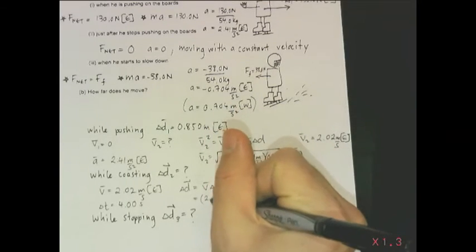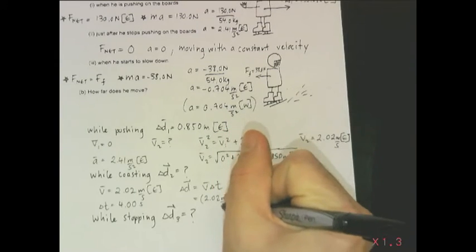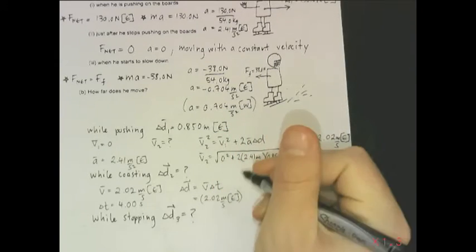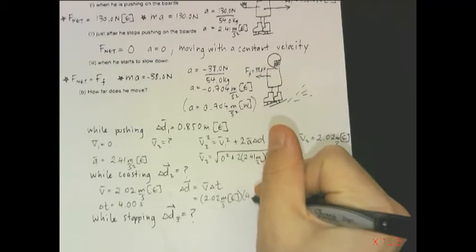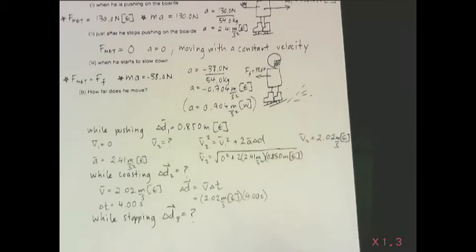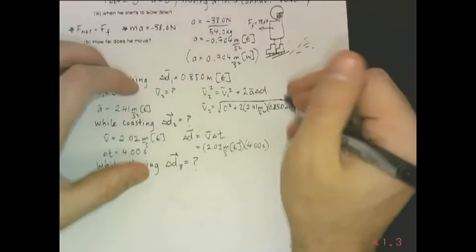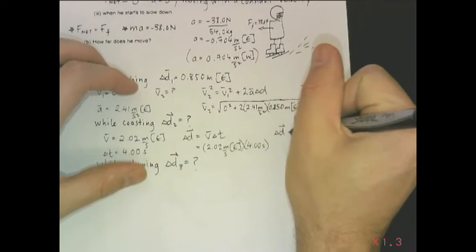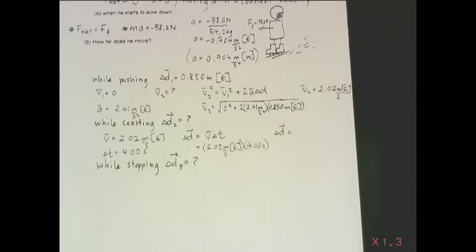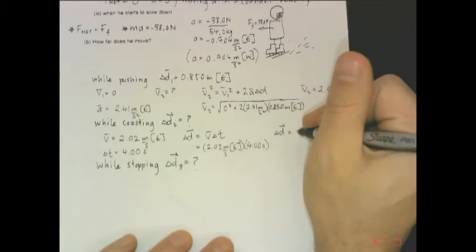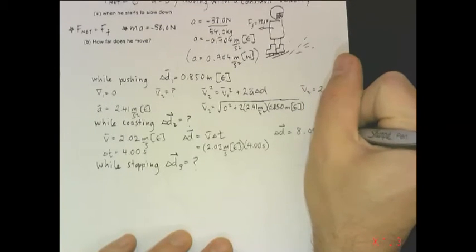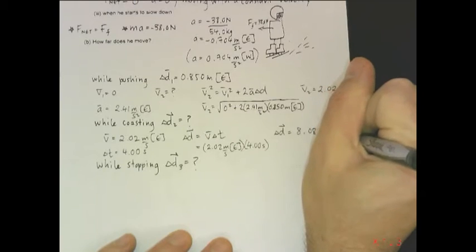Sub and solve, we get 2.02 meters per second east times 4.00 seconds. Punch it into our calculator. And our calculator reads to 3 significant digits, 8.08 meters east.